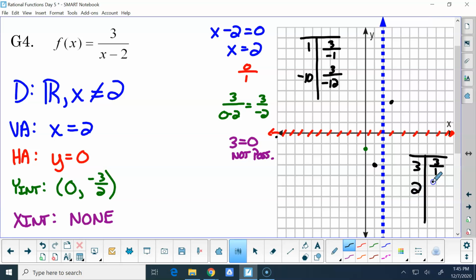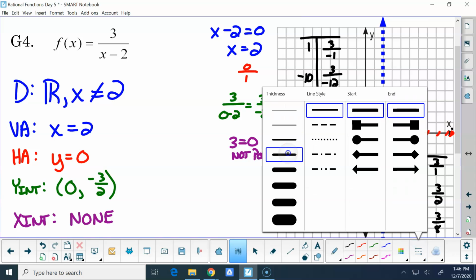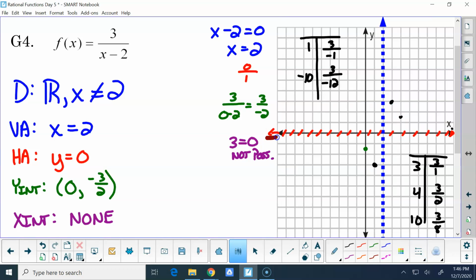Oops, I can't do 2. Sorry, tap the brakes. That's my vertical asymptote. I was meant to do 4. 4 gives 3 over 2, which would be 1.5. And 10 gives 3 over 8. That allows me then to draw in there and draw in there.